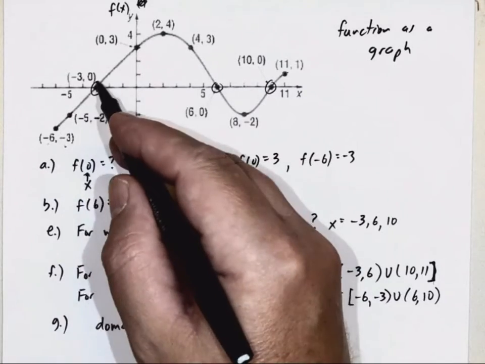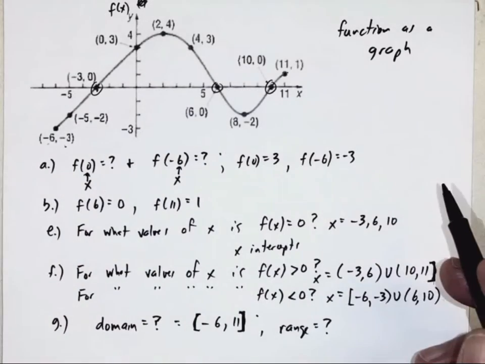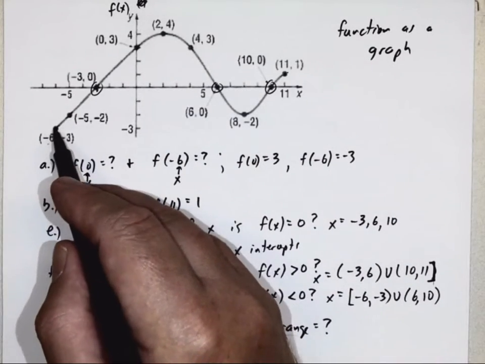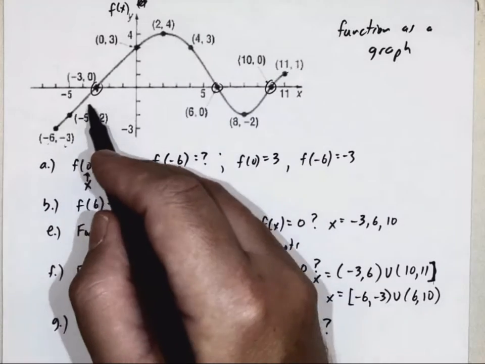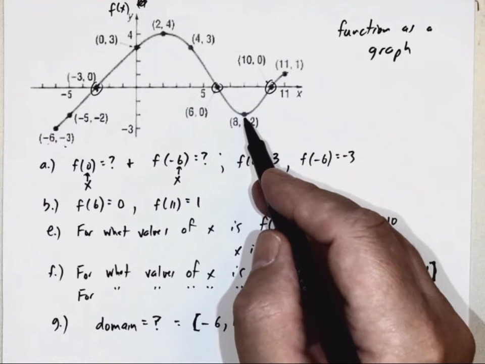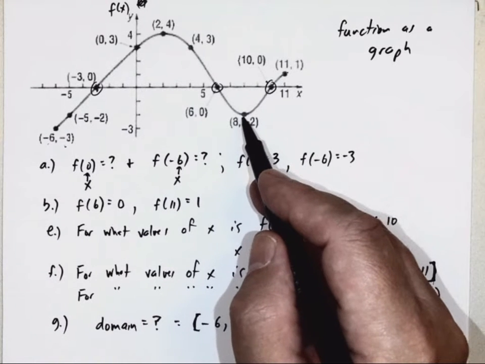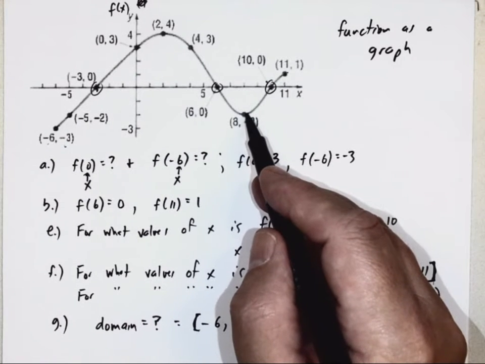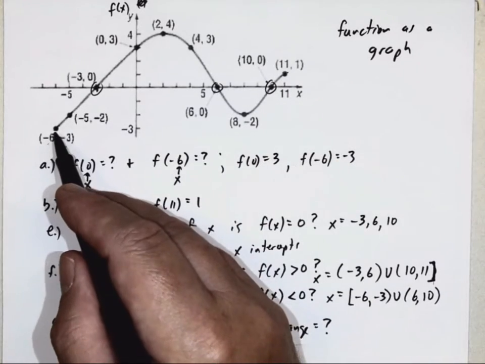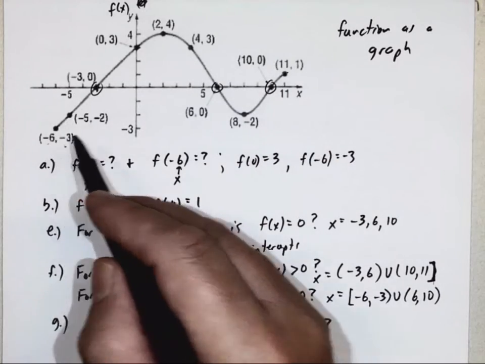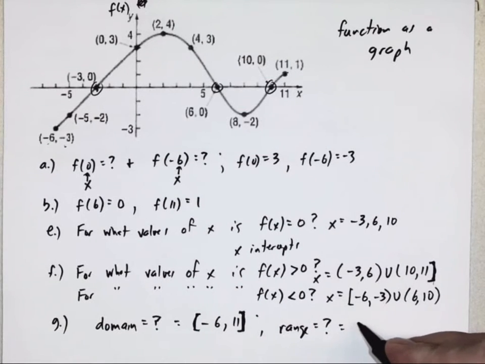What's the smallest value of the function for this graph? Well, here it starts out at -3, and then it goes up and it comes down. When it comes down again, how far does it go? It only gets down to -2 before it goes up again. So what's the farthest down this graph ever gets? -3.